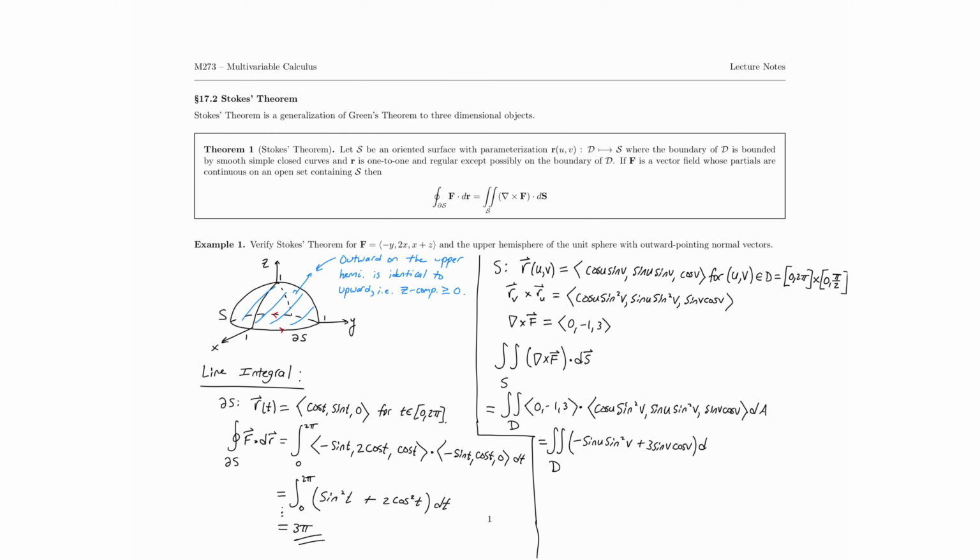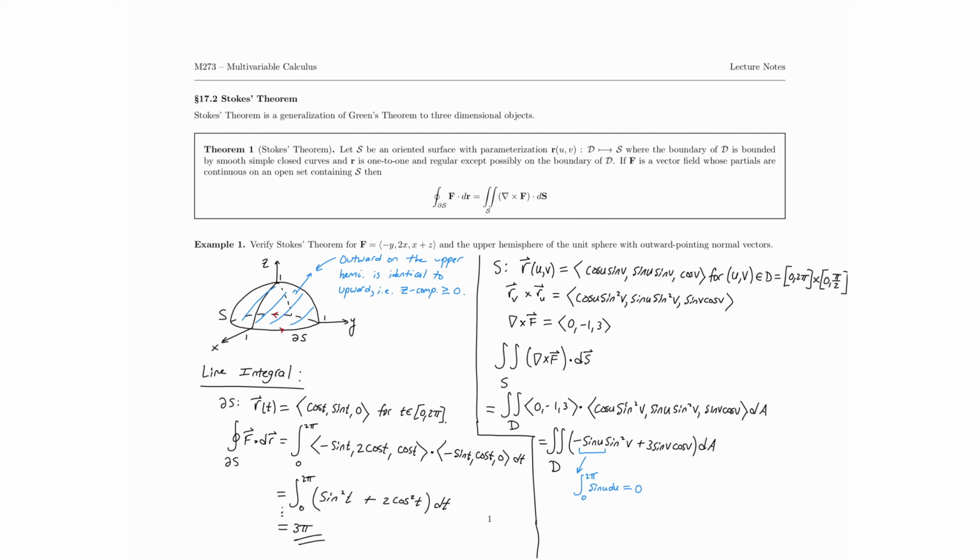So now remember that our bounds for u are 0 to 2 pi. Whenever you have an integral like this, and you notice that one of your bounds is a full period of sine or cosine, 0 to 2 pi, you're going to want to check out those integrals first. So for instance, in this term, the integral from 0 to 2 pi of sine of u du is equal to 0.